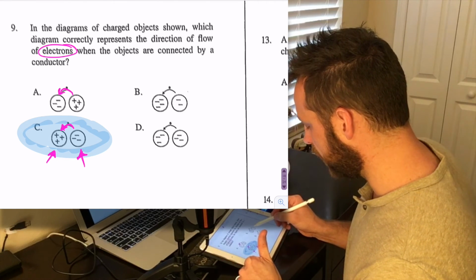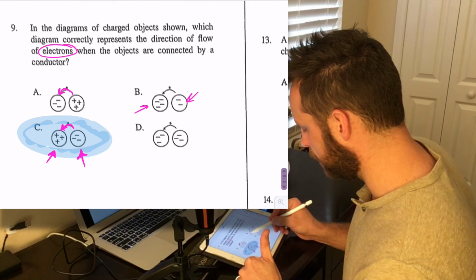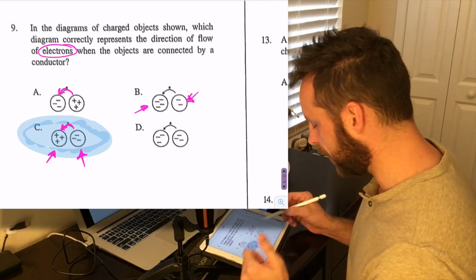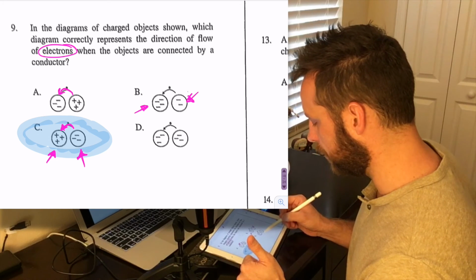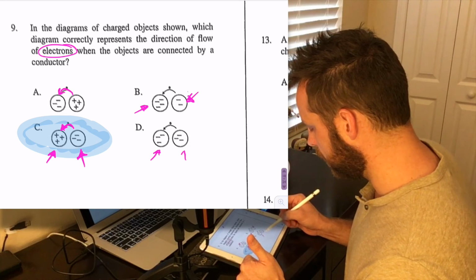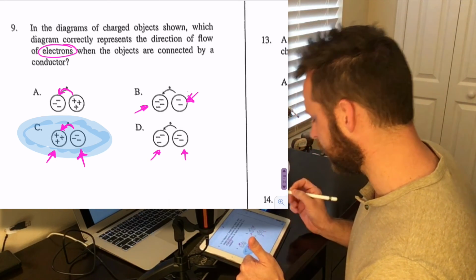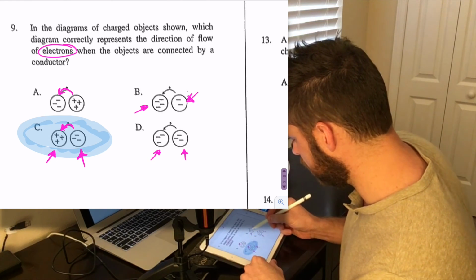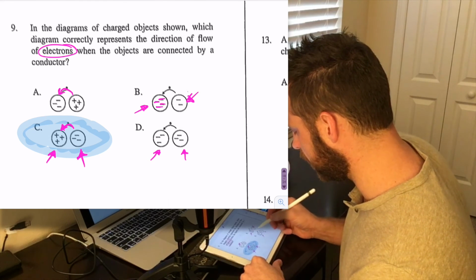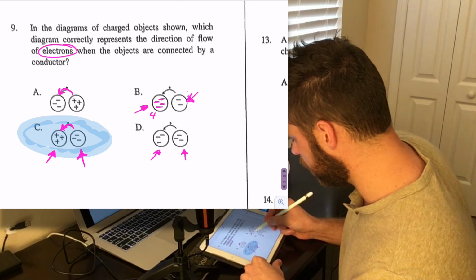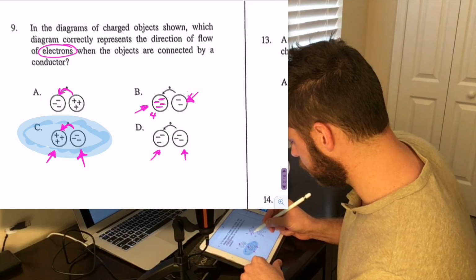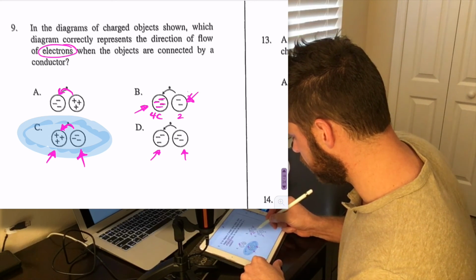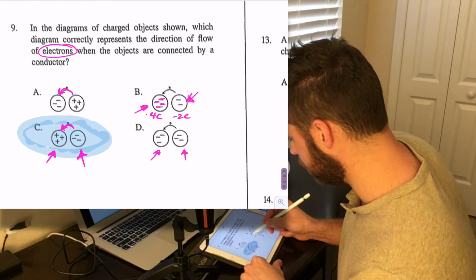B, you have less electrons here than you have here, and so you have less negative charge. And these are actually going to repel. And then in D, these are also going to repel, so you're not going to see electrical charge. Now they may kind of even out. So if these 4 negatives in B are representing maybe a 4 coulomb charge here, then you might have a 2 coulomb charge here, and this would be negative, and this would be negative.